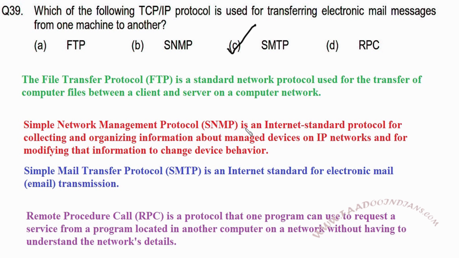Simple Network Management Protocol, SNMP, is an Internet Standard Protocol for collecting and organizing information about managed devices over IP networks and for modifying that information to change device behavior. SMTP is the Internet Standard for Electronic Mail. Remote Procedure Call, RPC, is a protocol that one program can use to request a service from a program located in another computer on a network without having to understand the network's details. So C is the answer for electronic mail messages.